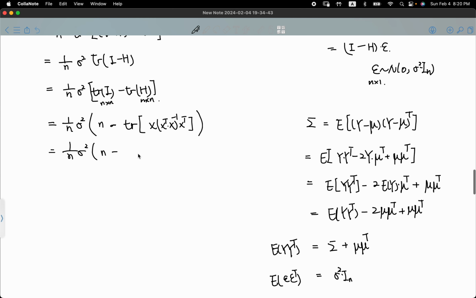We can change the order, moving x to the end, due to the cyclic rule for the trace, and we will have a trace of identity.